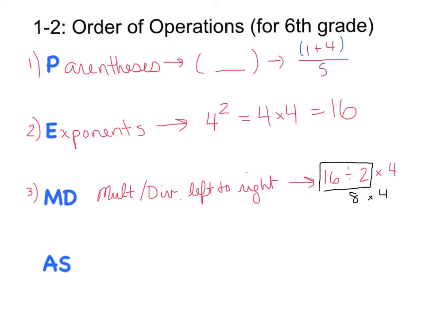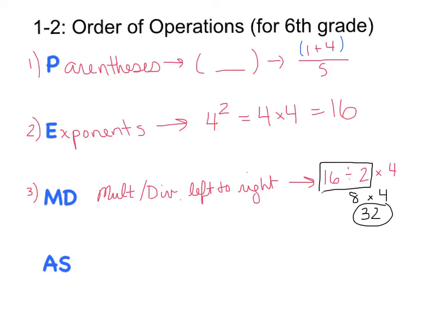I would then multiply by 4, which would get 32. If I did it the incorrect way, 2 times 4 would give me 8.